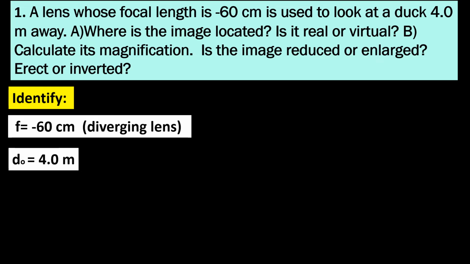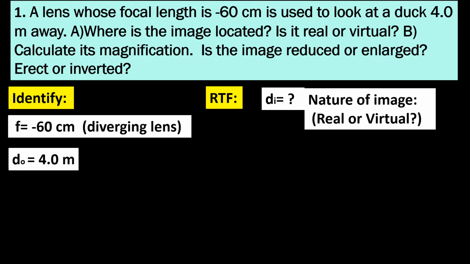We are also given the object distance, meaning how far the object is located from the lens. It is 4 meters. And we are supposed to find the image distance, di.